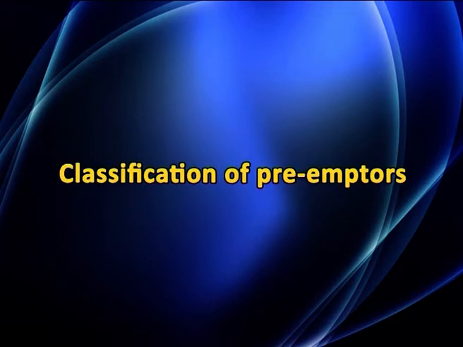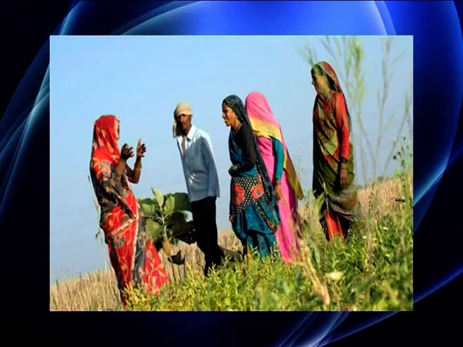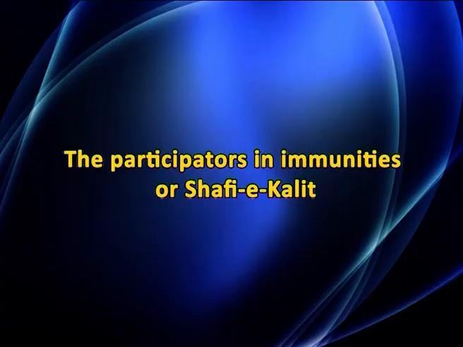Now, classification of pre-emptors. The right to pre-emption is available to three classes of persons under the Muslim law, which are as under. The co-sharers are Shafi Sharik or co-owners. The co-sharers are the persons entitled to succeed to the property of a common ancestor. This class has a preferential right of pre-emption over the other two because of their blood relationship. The participators in immunities are Shafi Khalit.